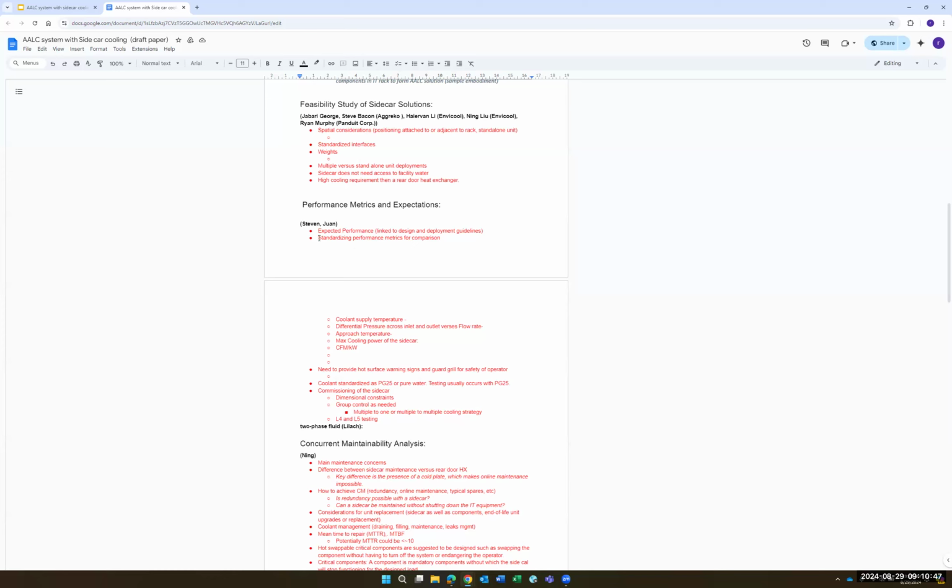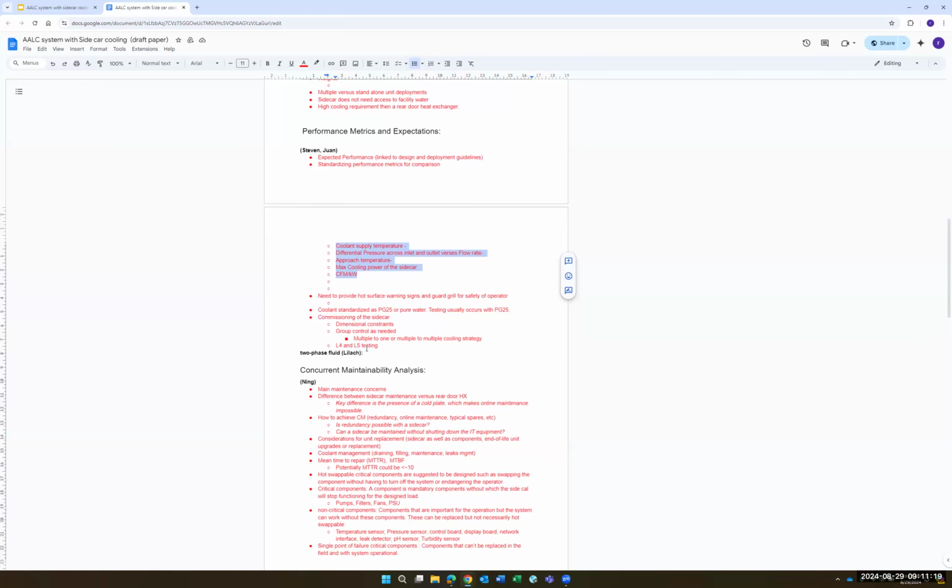In terms of performance metrics that we discussed earlier, do we indicate ranges for these performance metrics to indicate what is the best performance versus what is the recommended performance? I guess the question is, what purpose does it serve?